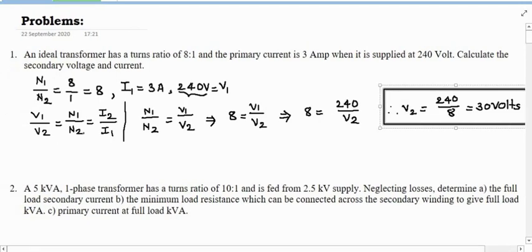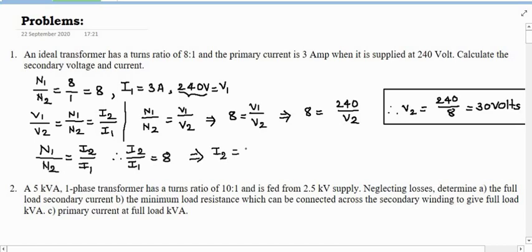Then come to the secondary current. When we have to find the secondary current, I will equate the turns ratio to the ratio of I2 to I1, right? Therefore, I2 upon I1 equals 8, which implies I2 equals 8 into I1, which is 8 into 3, so it equals 24 ampere.